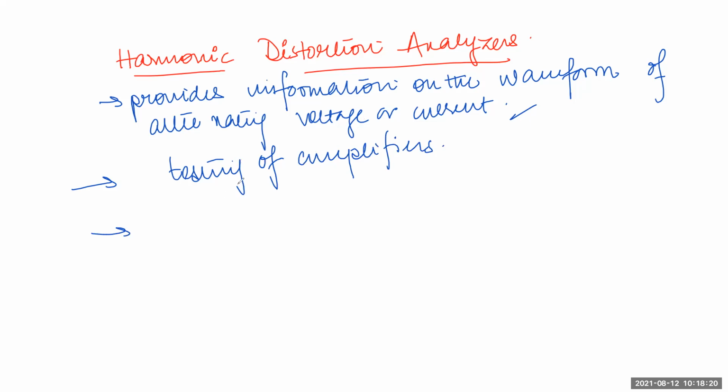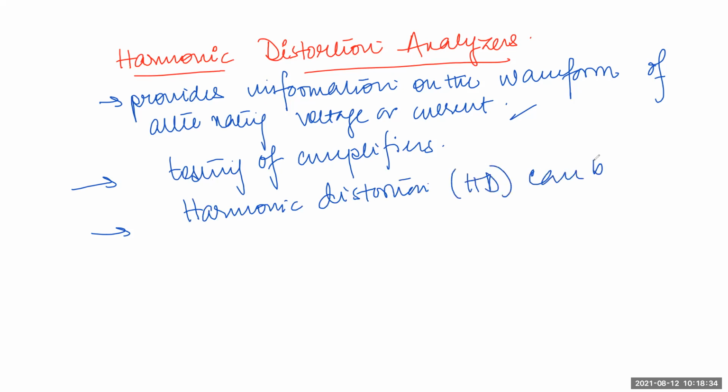So harmonic distortion, that is HD, can be represented as D2 equals E2 by E1.